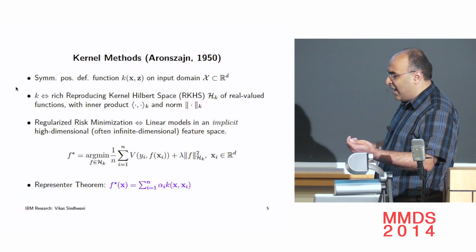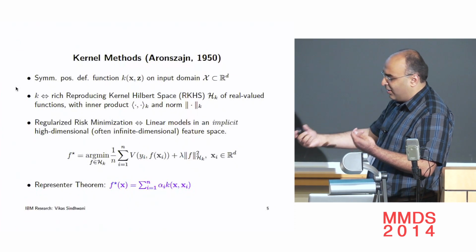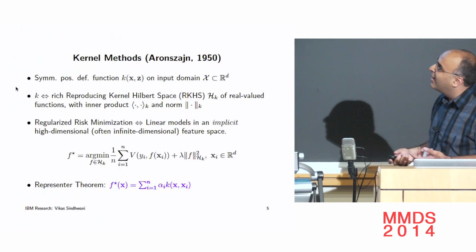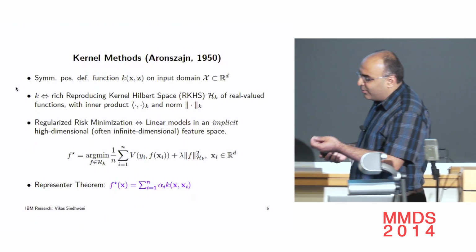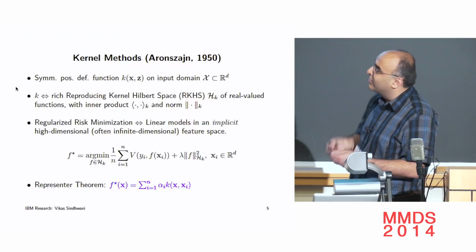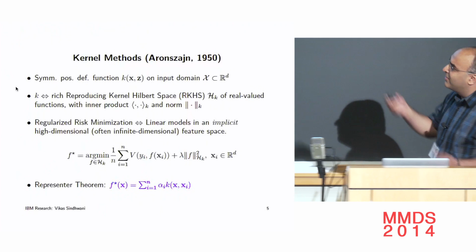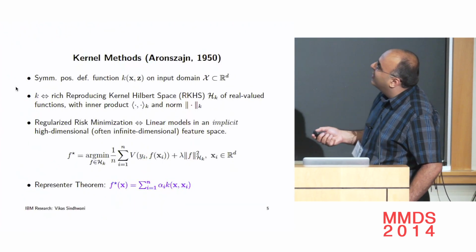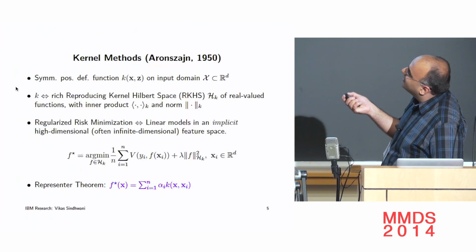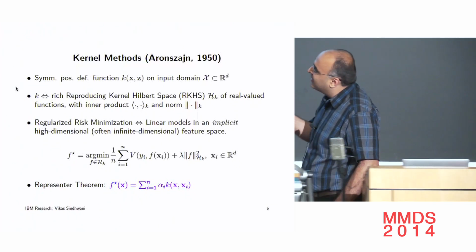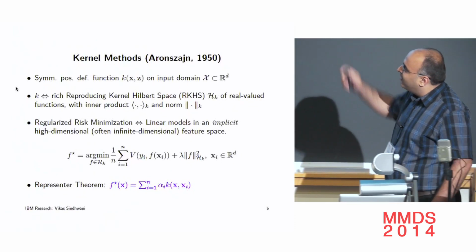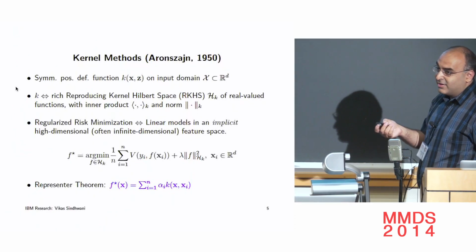And so the kernel gives you access to the RKHS, and there is also a backward correspondence, which is that nice function spaces where the norm controls pointwise behavior of the function also have a kernel associated with them. So there is this fundamental reason why these things are important. Now, this is an infinite dimensional optimization problem in general, but because of the so-called reproducing property, it turns out that the representer theorem says that the optimal function is a linear combination of kernels centered on the data points.